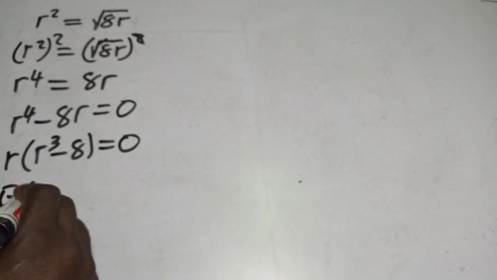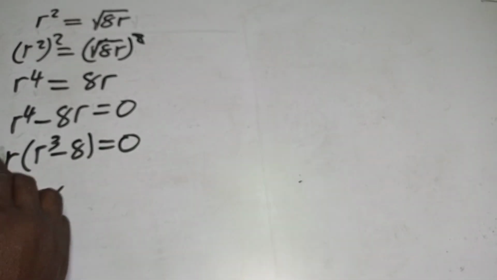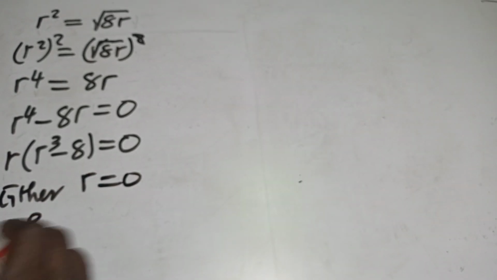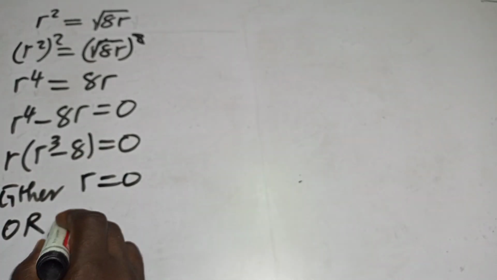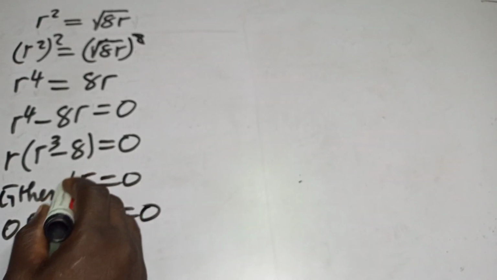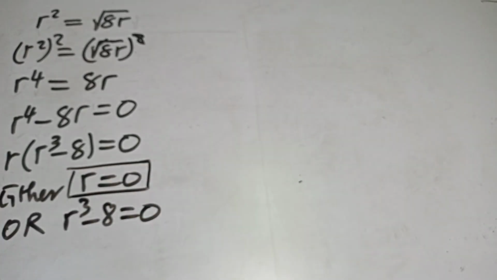Either the first expression is 0, or the second expression is 0. Alright, r equals 0, that simply tells us that 0 is our first solution. Alright, the first solution in the set of real numbers.